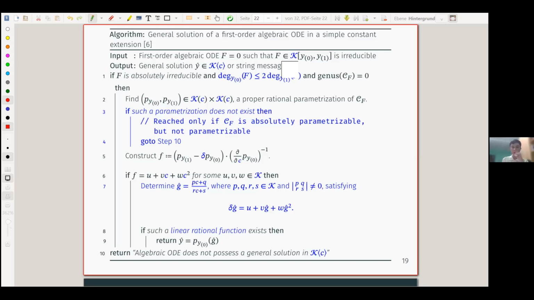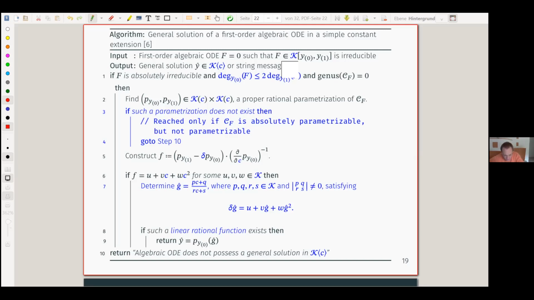I have one other question. In line 7 in your algorithm, yes. How do you know that the g hat must be of that form? That means degree 1 in the constant. Why not degree 2? Well, actually, we knew this basically for the decision algorithm also.